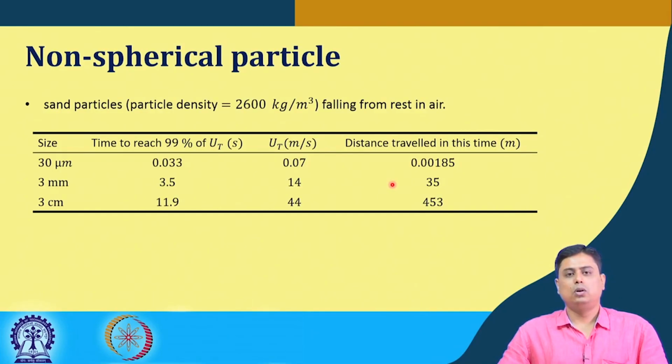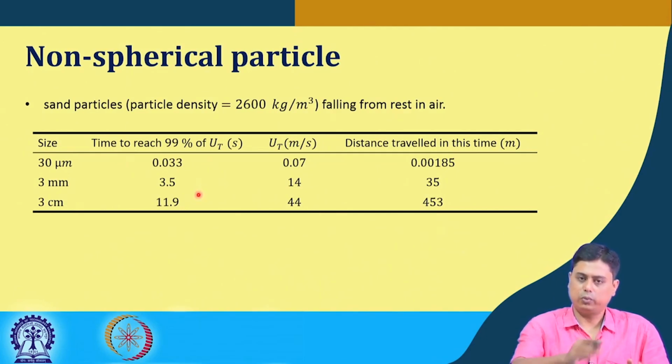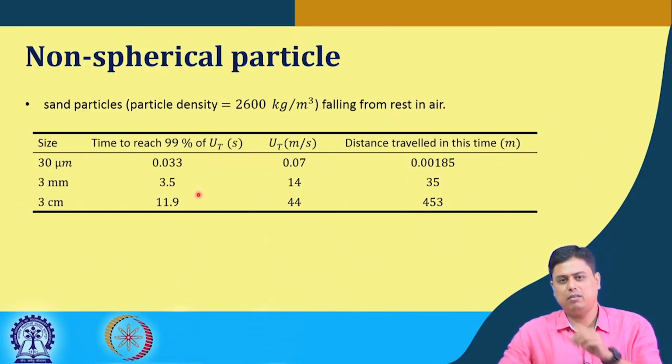Okay. So the point is that if you are doing some experiment at the lab scale, some kind of settling experiment with a smaller particle, it quickly attains its terminal velocity. So you can consider that it is now falling at a steady rate, without any acceleration.